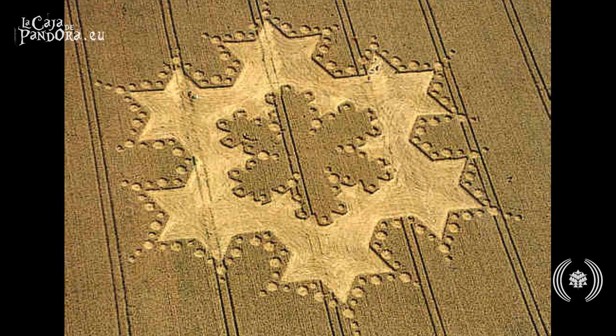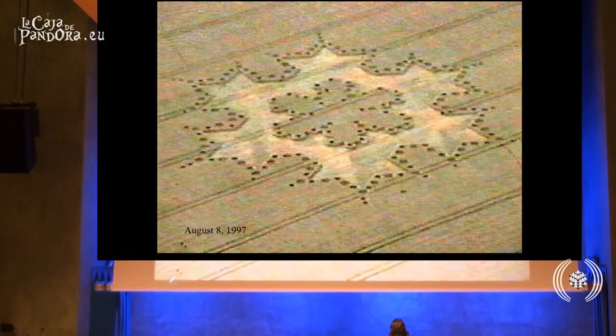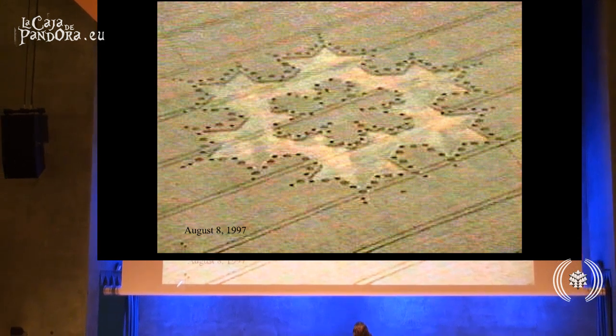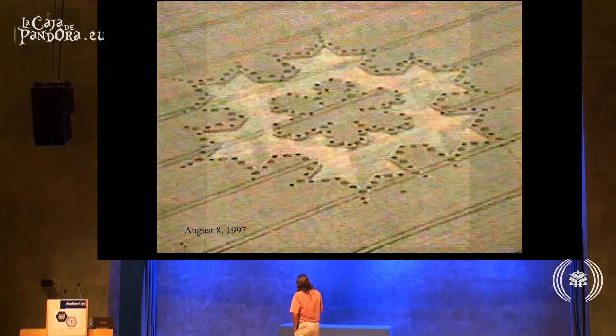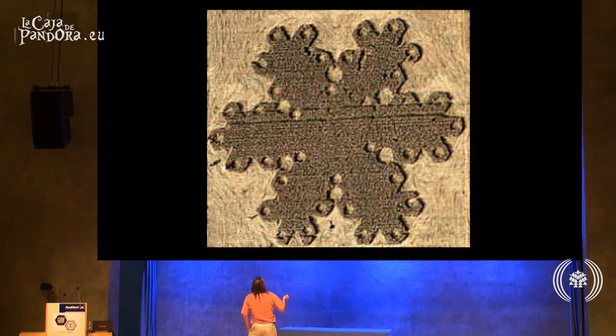Then a few weeks later, they were insisting on the pattern. They did another one. And this one, they put another piece of information in the middle. And when you look at that new piece of information in the middle, you get a whole new set of information. And guess what it is?